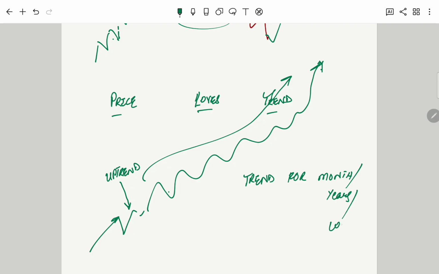So if the pump is happening for whole weeks, for whole months, there's a lot of opportunity for you in there. Let's say you have spotted that price is in an uptrend over here. What you can just do is keep holding until the price is in an uptrend. These pullbacks won't scare you.